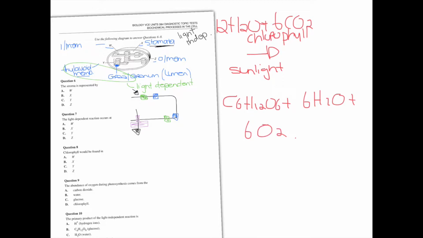All right. And you also need to be able to look at this equation. Sorry, it's not the neatest equation, but you need to look at that and be able to tell me the inputs and outputs for the light dependent and light independent stages. Okay? So you should be doing that by yourself now.